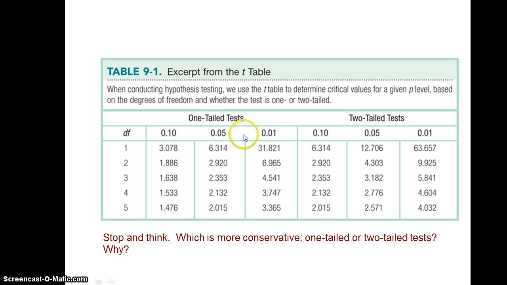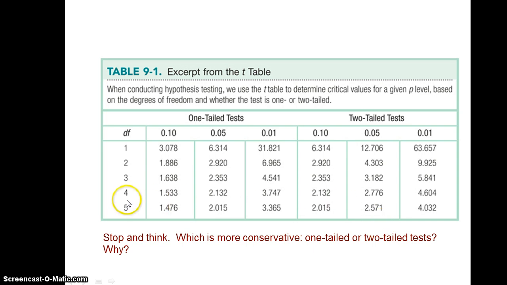And here, this first row tells you the alpha level. 0.10, 0.05, and 0.01 are the 3 columns. So those are your choices. Generally, we use the 0.05 column, and usually we're using two-tailed tests.